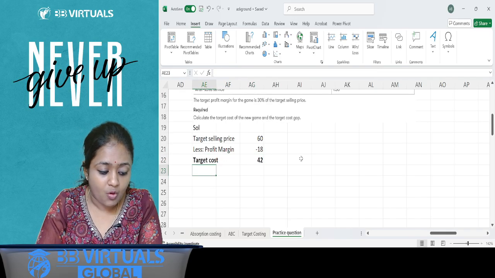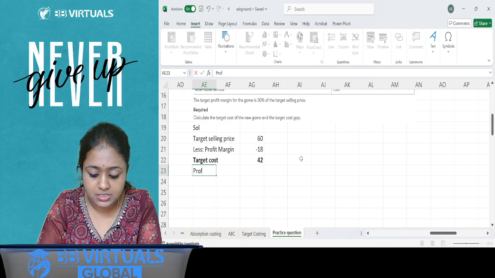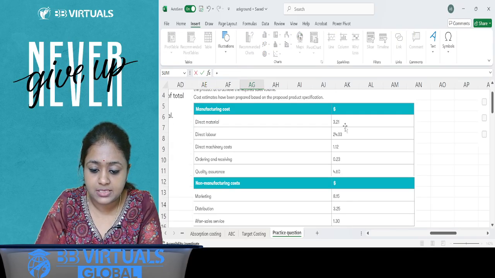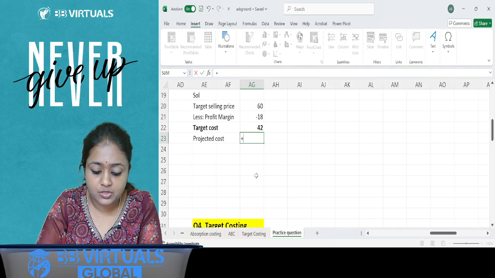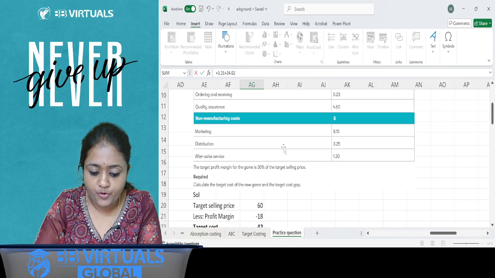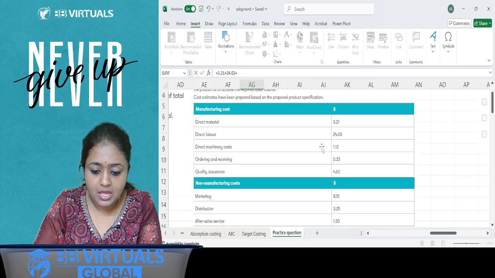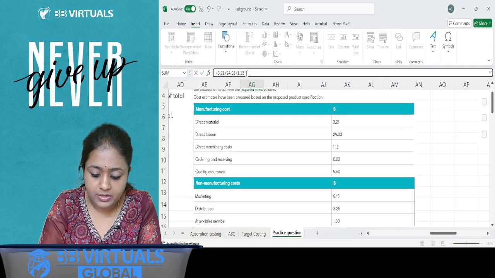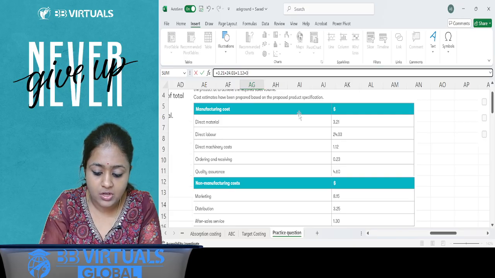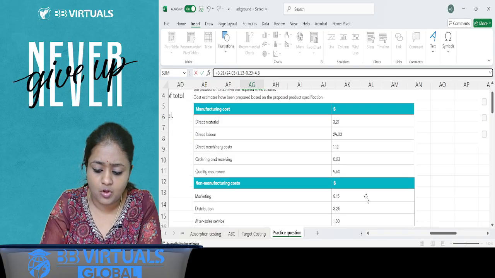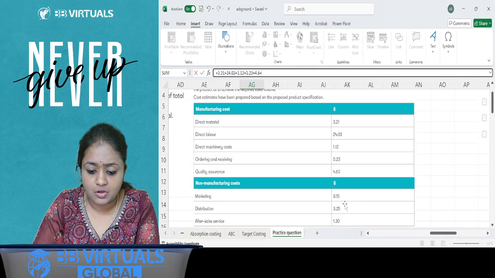Let's calculate what is the projected cost. Let's get the totals. 3.21 direct material cost, direct labor 24.03 plus 1.12 is the direct machinery cost. Ordering cost is 0.23 plus 4.6 because I'll take all the cost, right? Quality assurance cost.